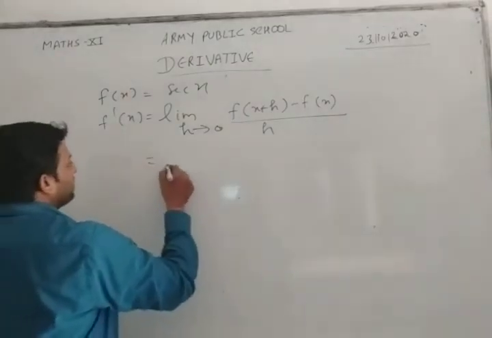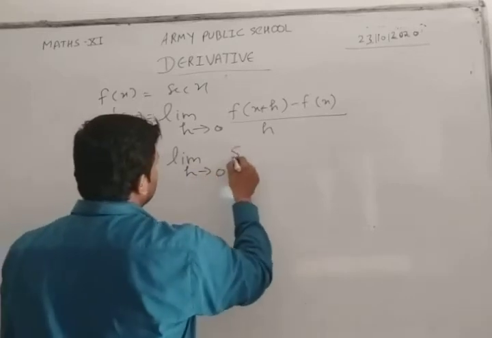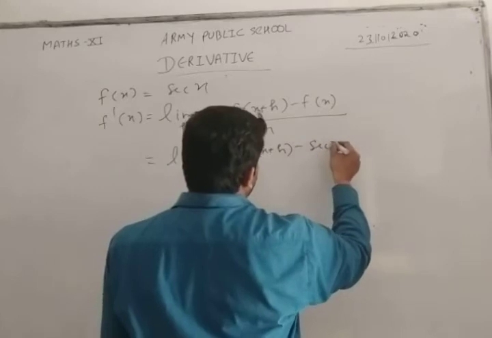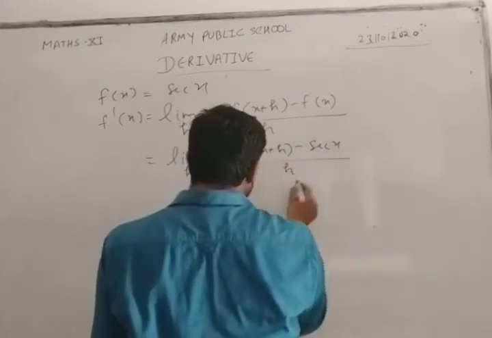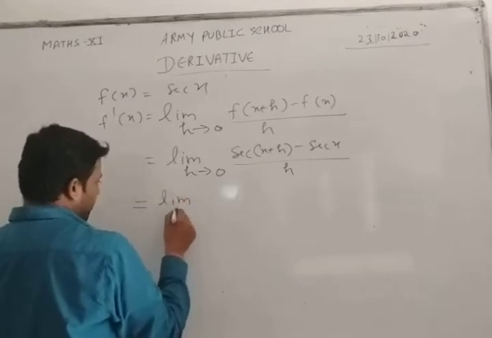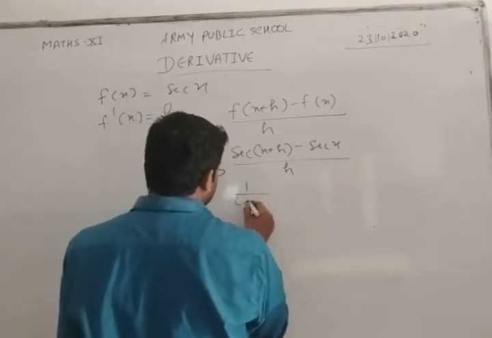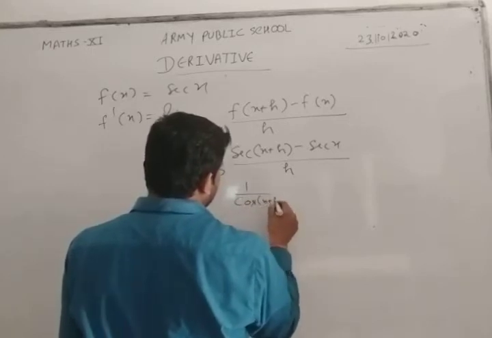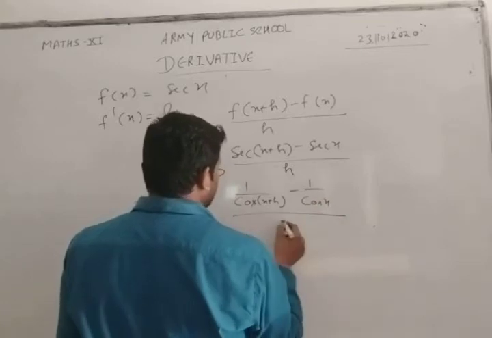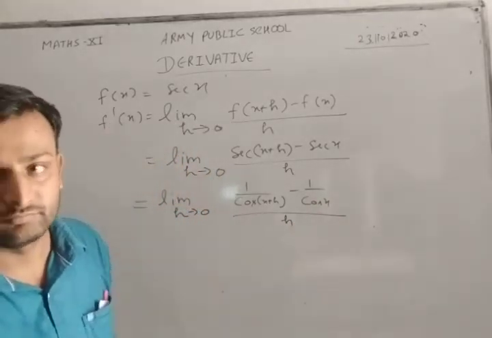Now take the function limit h tends to 0 sec x plus h minus sec x by h. Limit h tends to 0, we can write 1 by cos x plus h minus 1 by cos x divided by h. We can write this.